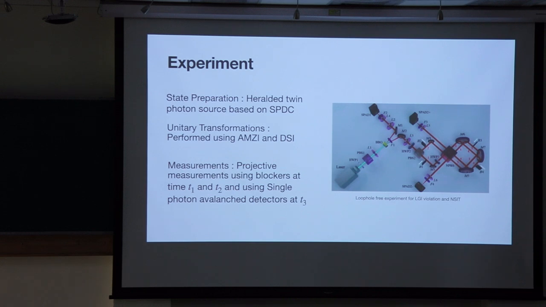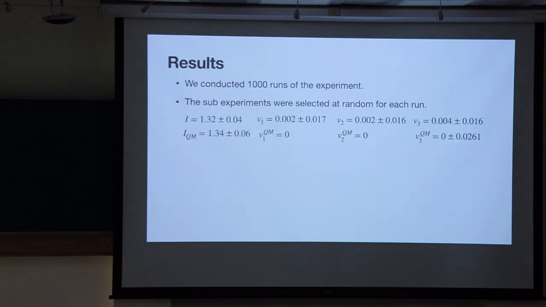I won't go into details of this, but this is just to show that we did an experiment and we generated random numbers. And secondly, the most important thing is that this is loophole free. So we conducted around 1,000 runs of this experiment, and we got an LGI violation of 1.32. The device was tuned in such a way that the expected value was 1.34, but we got slightly less.